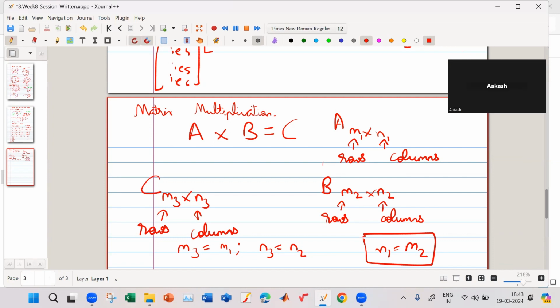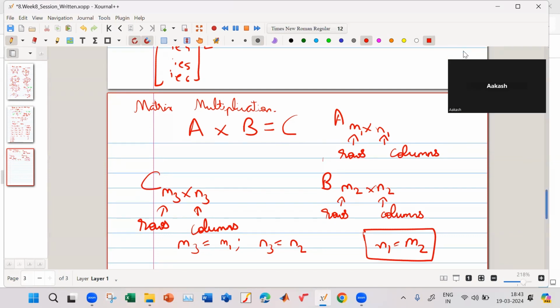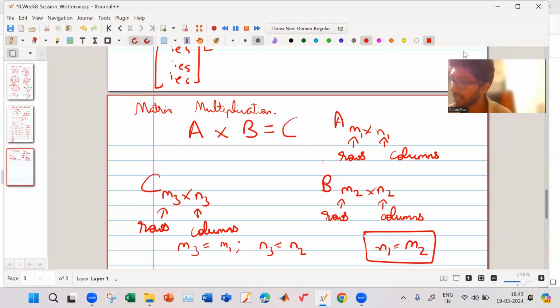I'll go over it again. Suppose I have A cross B equal to C. A has M1 into N1, B has M2 into N2, C has M3 into N3. The first condition is that I must check whether the number of columns of A is equal to the number of rows of B. Only then is matrix multiplication possible.